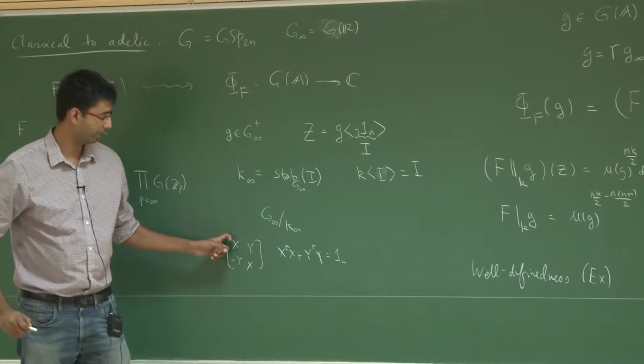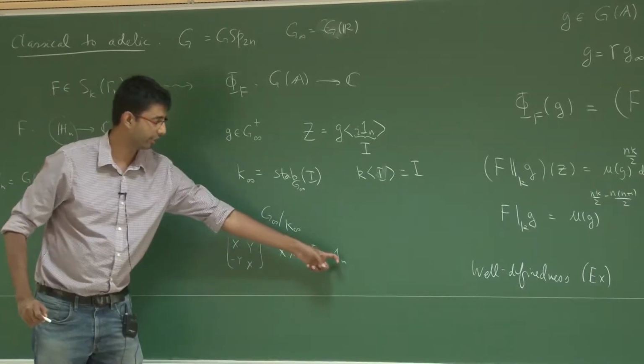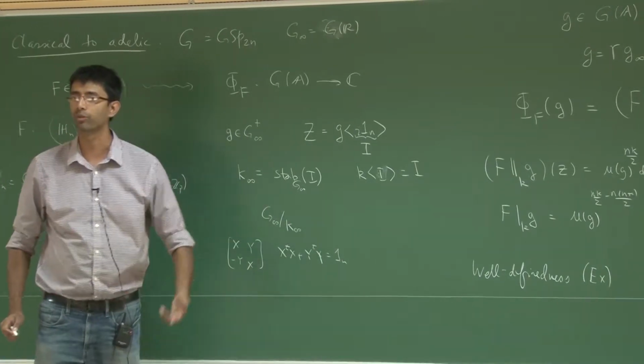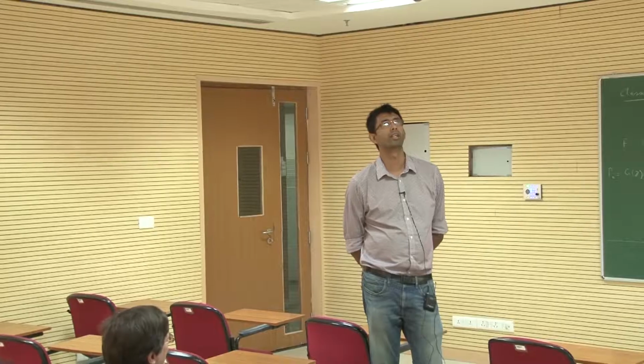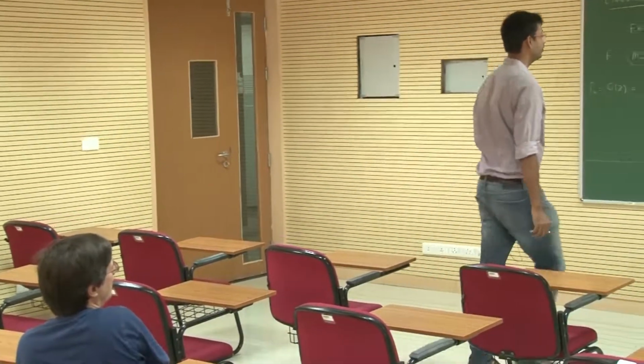But I won't get identity if I have just a diagonal, right? I'll get identity times alpha squared. Okay, so in the GL2 case, I think the center does stabilize the I, right? The center does stabilize. Yeah, you're right. Absolutely. Sorry. Yeah, you're absolutely right.